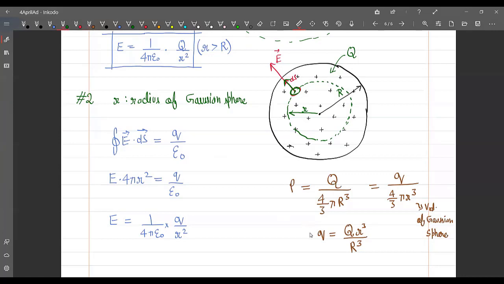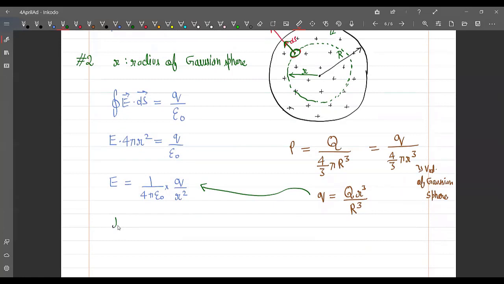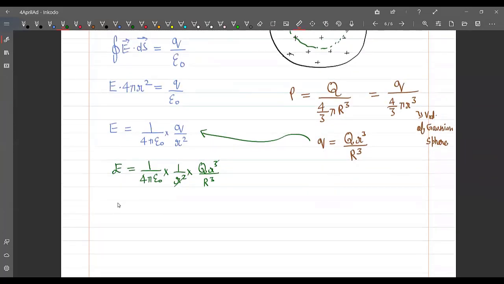We can simply put this value over here, and we get the value of electric field as 1 by 4 pi epsilon naught, instead of q, capital Q r cube by R cube, over r square. One of the r's will get cancelled. So electric field is 1 by 4 pi epsilon naught into Q r by R cube.